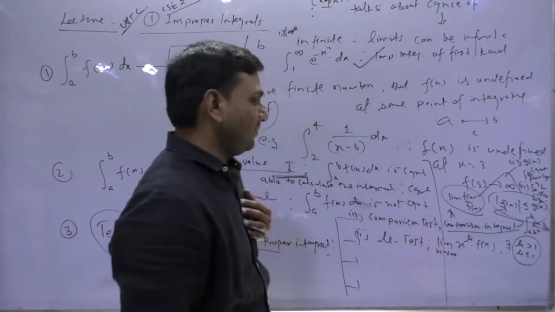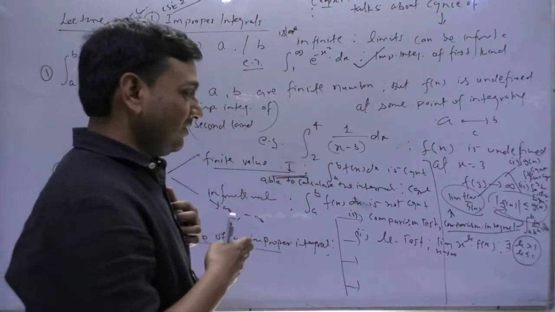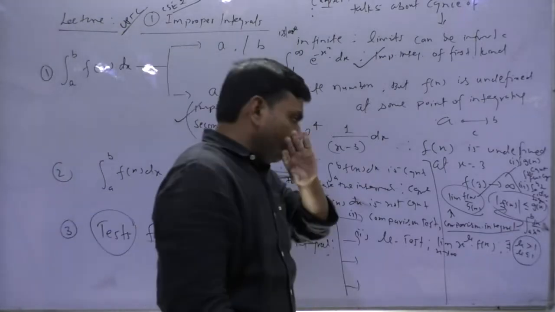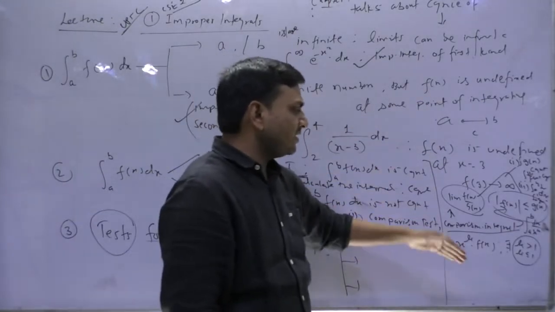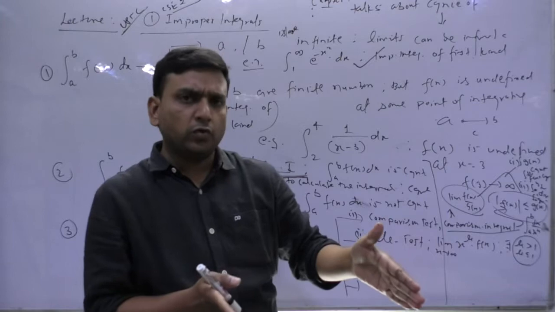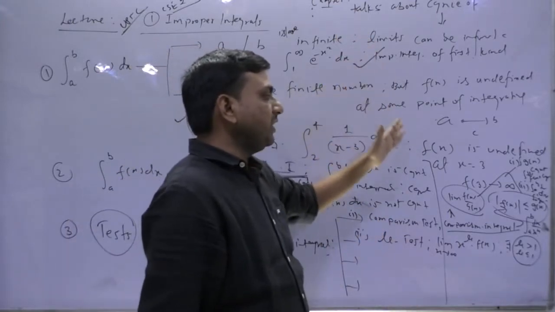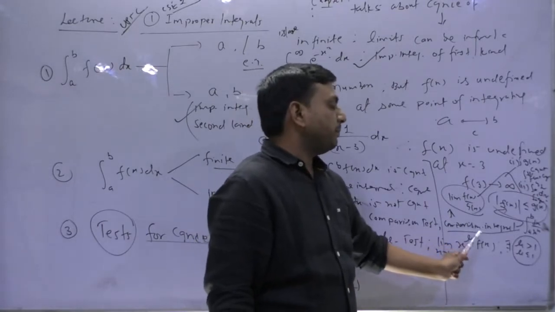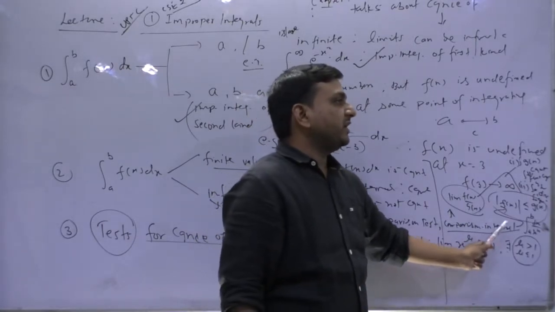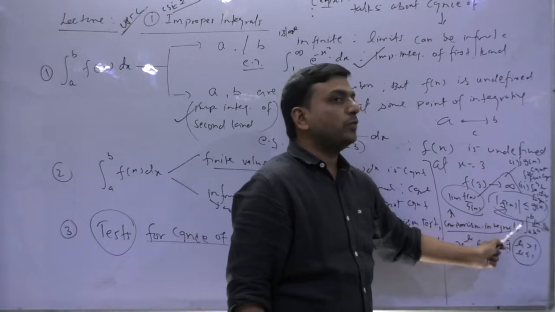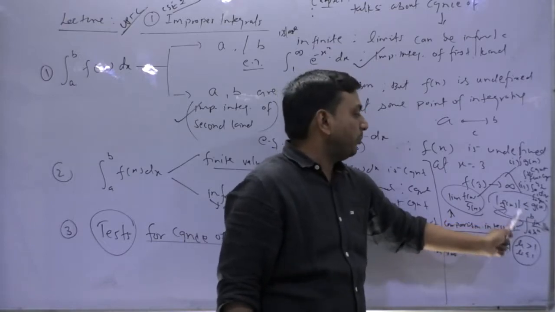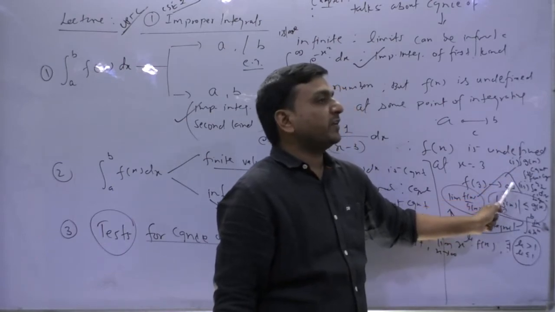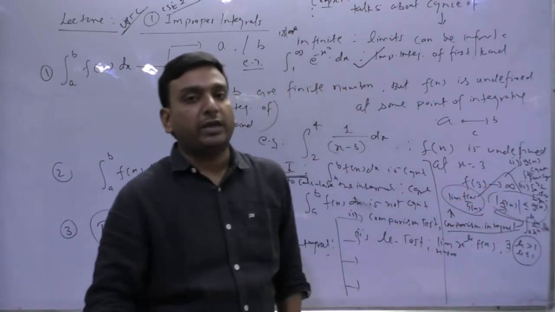I'm struggling a bit because lectures are continuing from the morning itself. So what I am doing here is just trying to show you a path for how to deal with this topic. Number one is the comparison test, the comparison integral. You have to remember the cases of the comparison integral. With the help of the comparison integral, you can talk about the convergence or divergence of f(x).